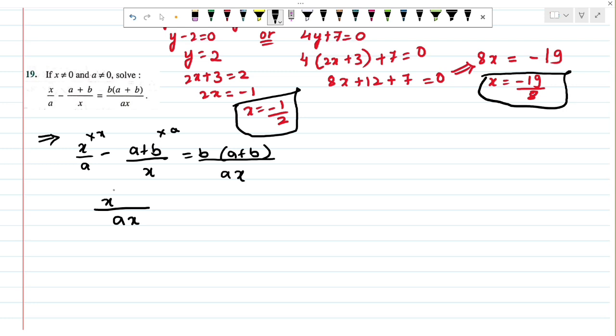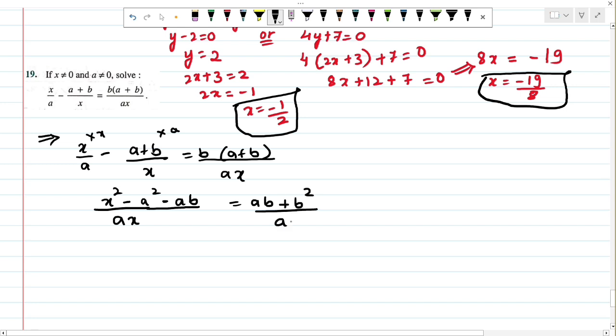So this becomes x square minus a into a is a square, minus a into b is ab, minus ab, which is equal to ab, this a into b is ab plus b into b is b square, divided by ax. So this ax and this ax will get cancelled.